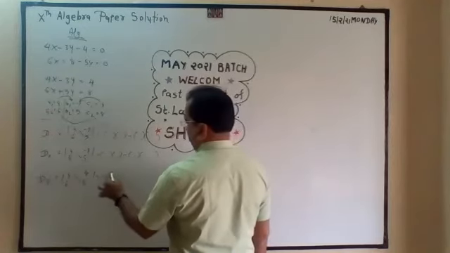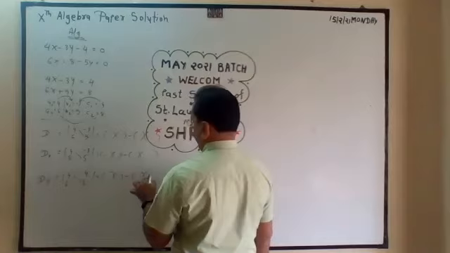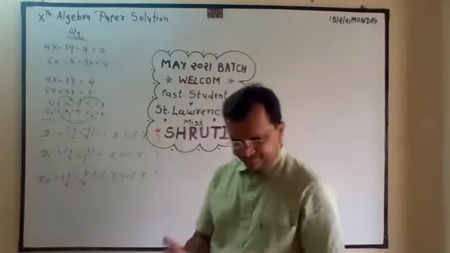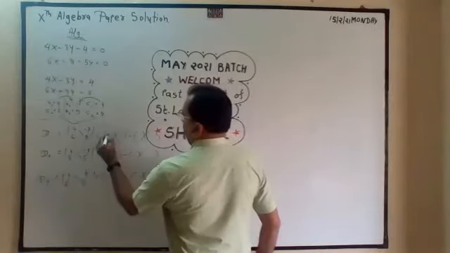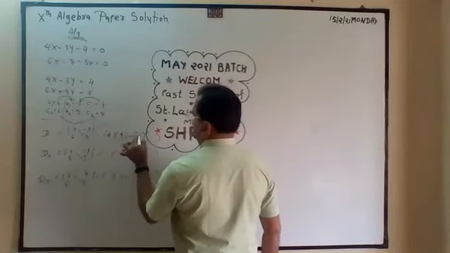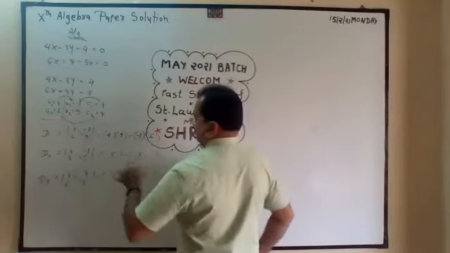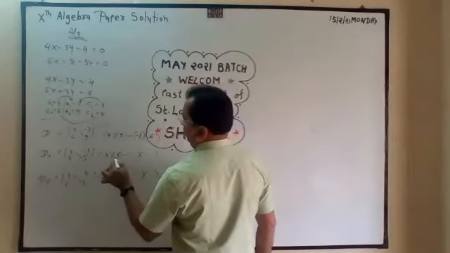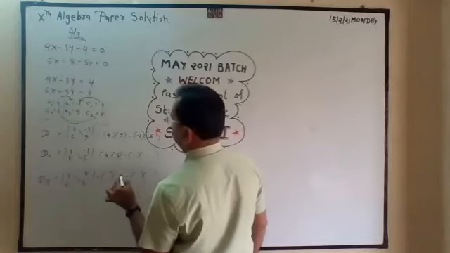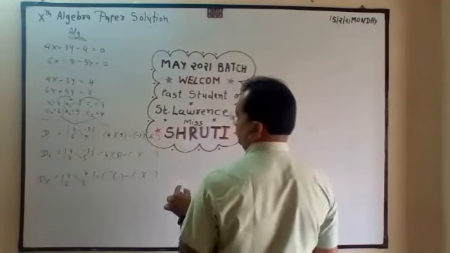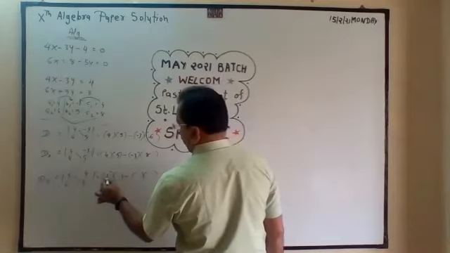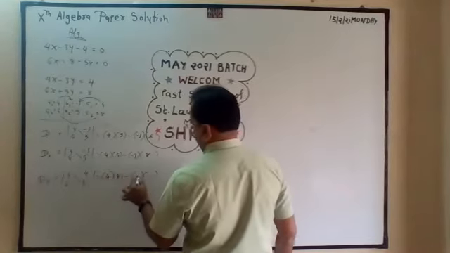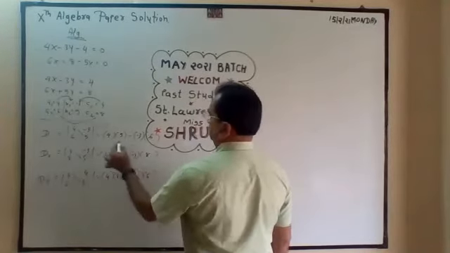Four bracket. So no chance of mistake. 5, 4 5, minus 3 6, 4 5, minus 3 8, 4 8, 4 6.